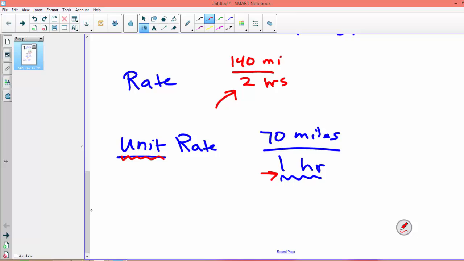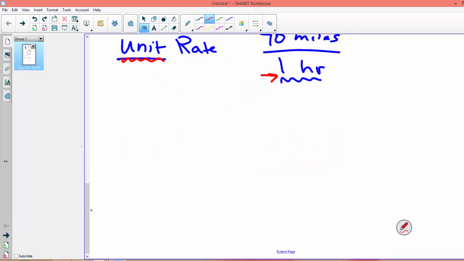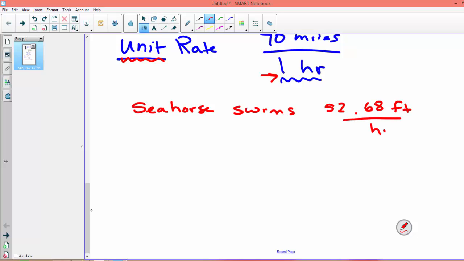It's easiest to convert if you reduce things to unit rates. Let's say we know that a seahorse swims at 52.68 feet per hour.